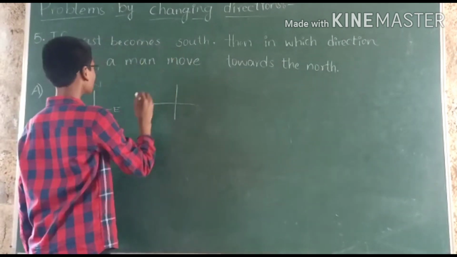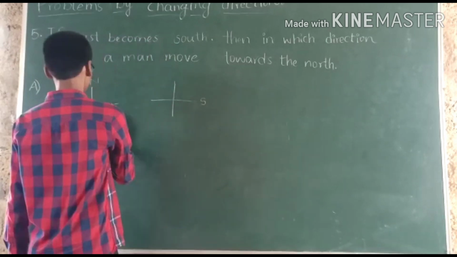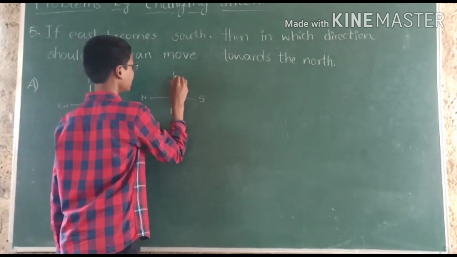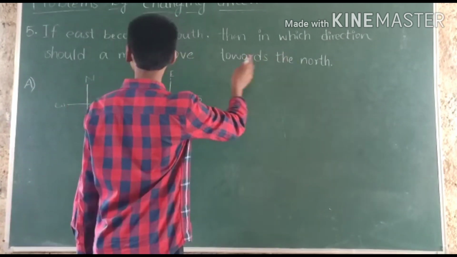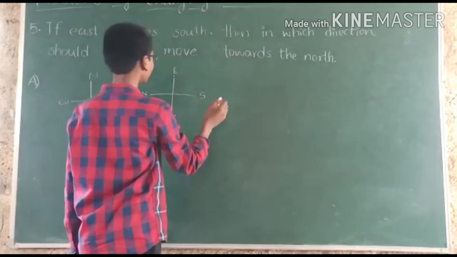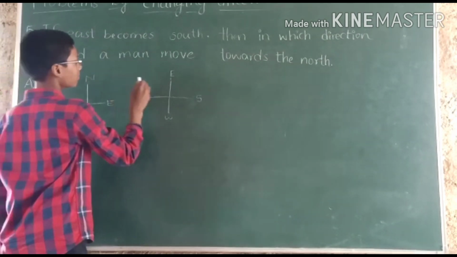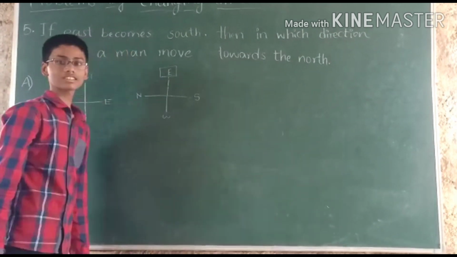He told if east becomes south, that means here is the south. And this is north, and this is east, and this is west. Then in which direction should a man move towards the north? In actual, this is the north, but by the question, he is going towards east.